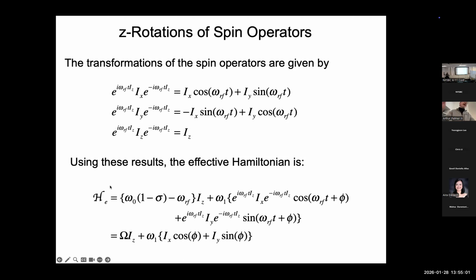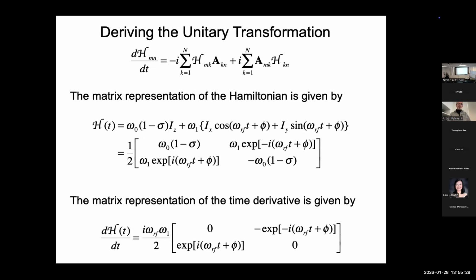So for that, we have to solve now the Liouville von Neumann equation. But we found the transformation that rendered the Hamiltonian independent of time, which was our goal.